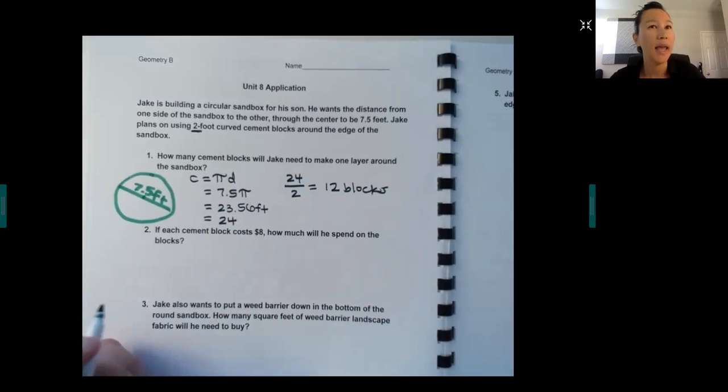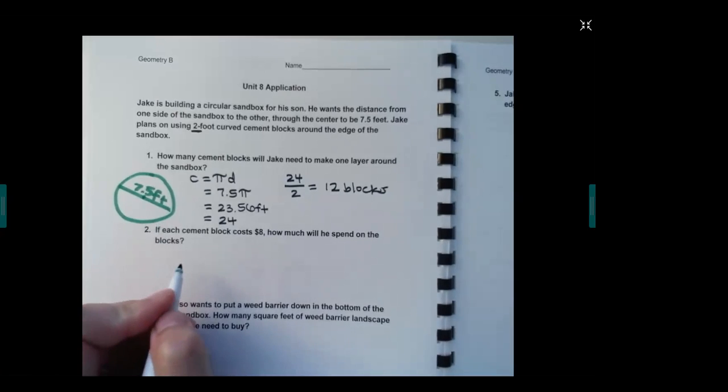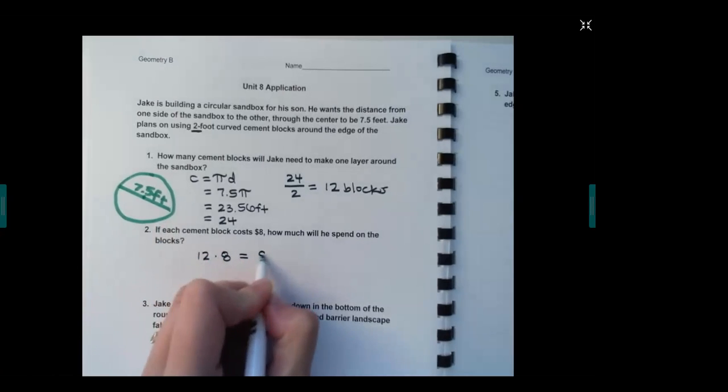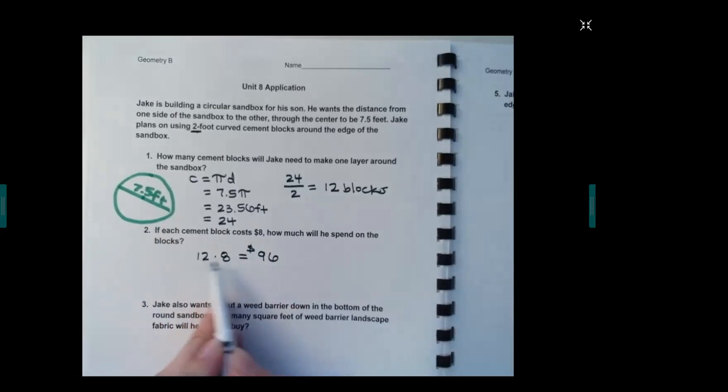Very good, Jade. Yep, it's 96. So how did you get 96? I multiplied 12 times 8. Very good. Yep, there's 12 blocks. If they're $8 a piece, 12 times $8 gives us $96.